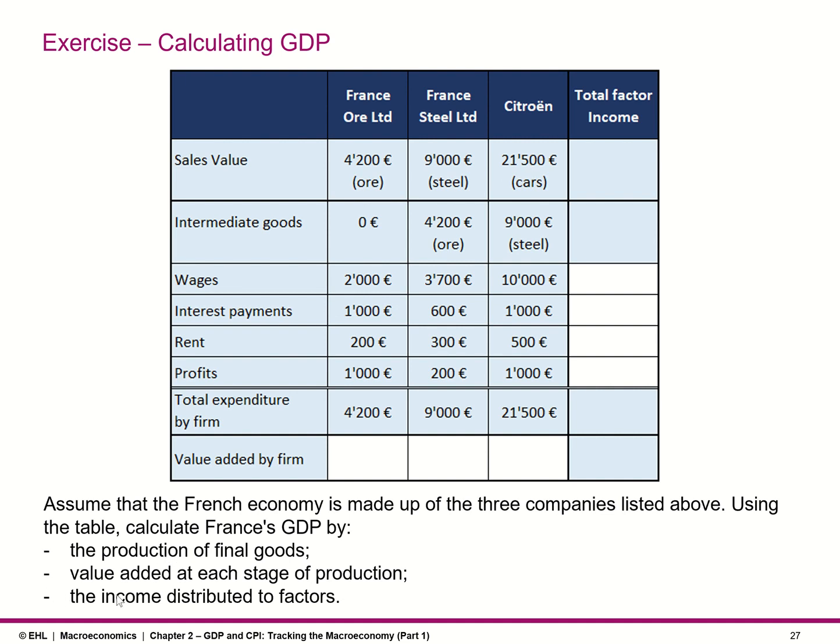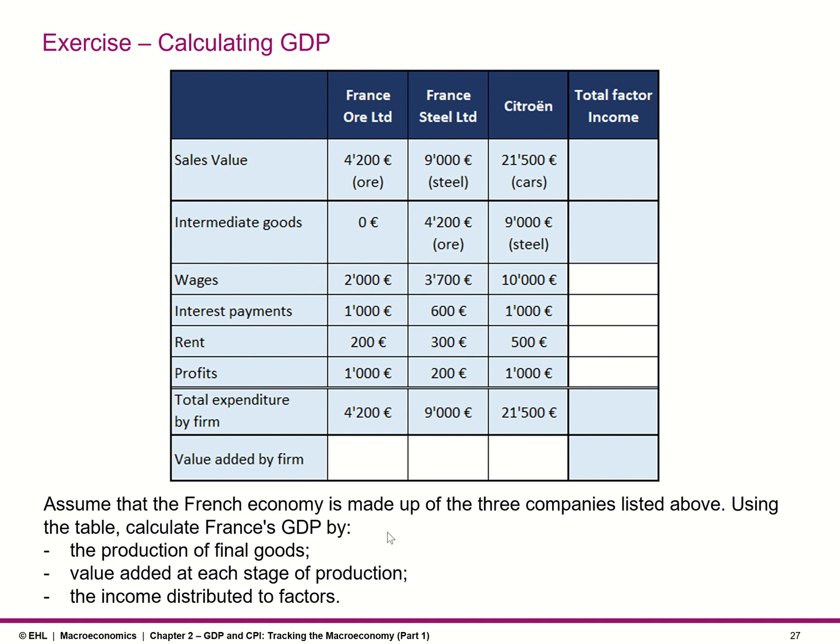And you can also have a look at the income approach. You would simply sum up all income distributed to factors, and these incomes are wages. So we sum up all the wages. You would also sum all the income paid to capital. These three categories here are the income paid to capital. So you would simply sum up all the rows here, and in the end, you would get the same result.